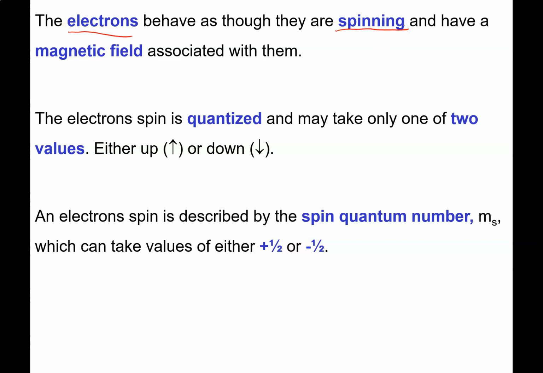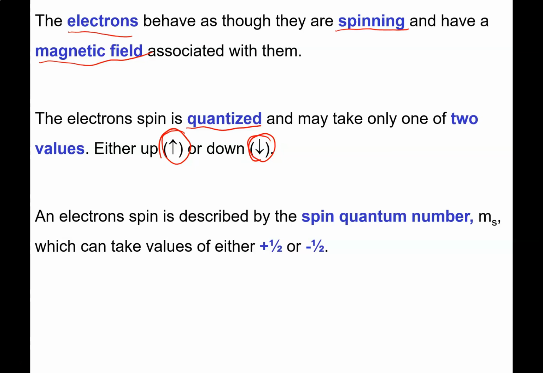So the electrons, which are tiny little charged particles, behave as though they are spinning. And when charged particles spin, they create magnetic fields. However, it looks like the spin is quantized. The spin of the electrons can take only 1 of 2 values. They are spinning in such a way that they make the atoms get deflected up, or they're spinning in such a way that they make the atoms get deflected down.